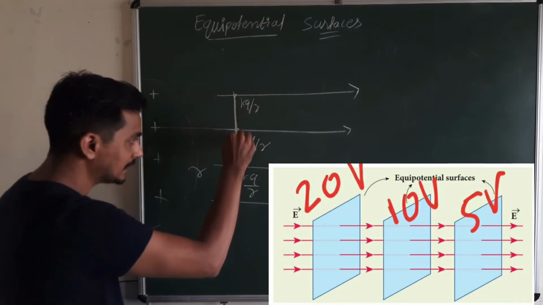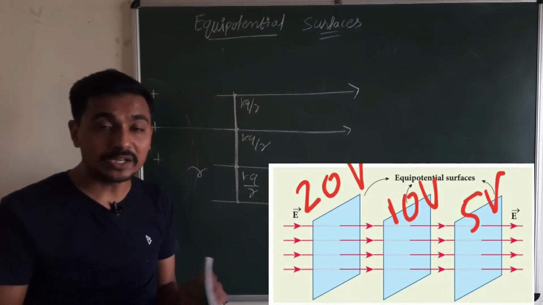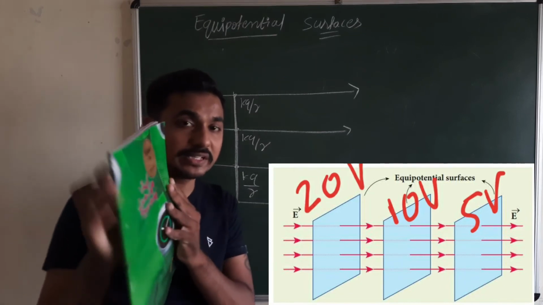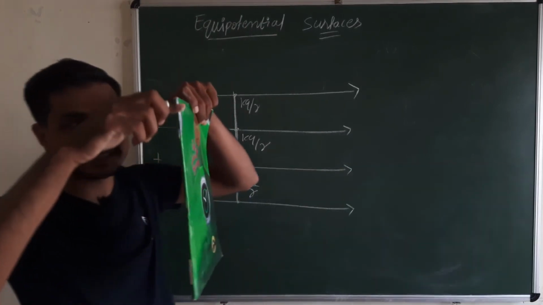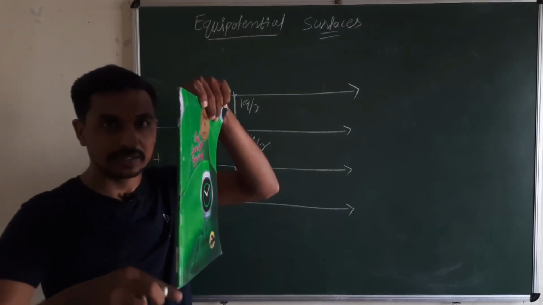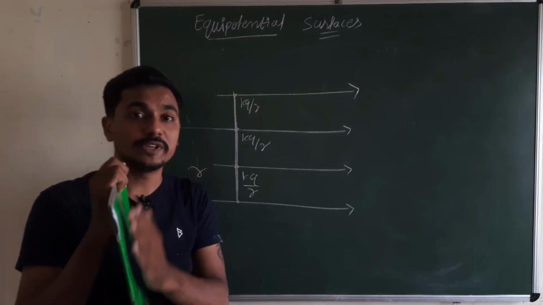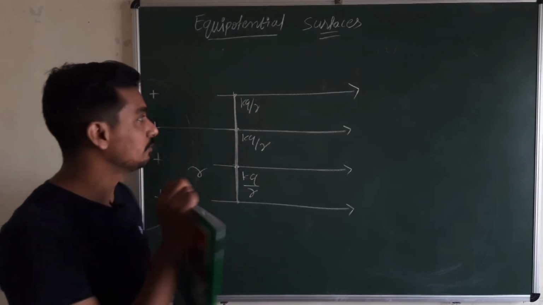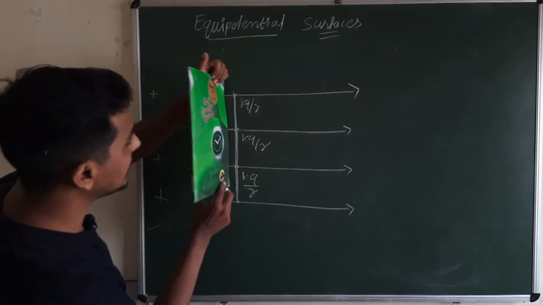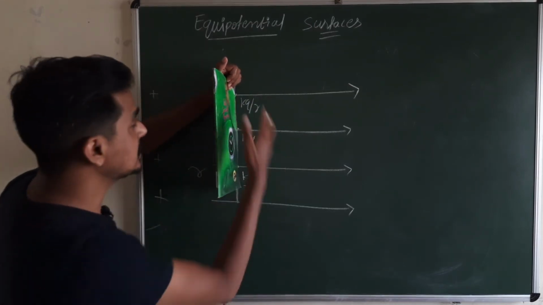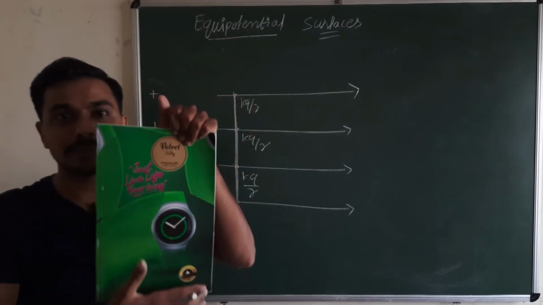So this line represents the equipotential surface in one dimension, but in two or three dimensions this line means it is passing like this. I want to find the equipotential surface in three dimensions. So if we extend this line in the backward or forward direction, then we will get something like this. This is the equipotential surface.